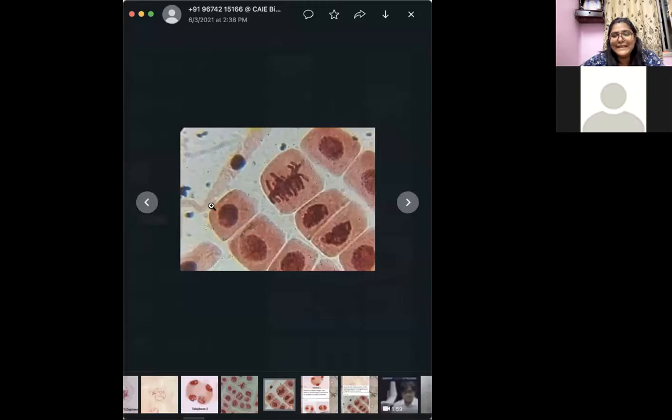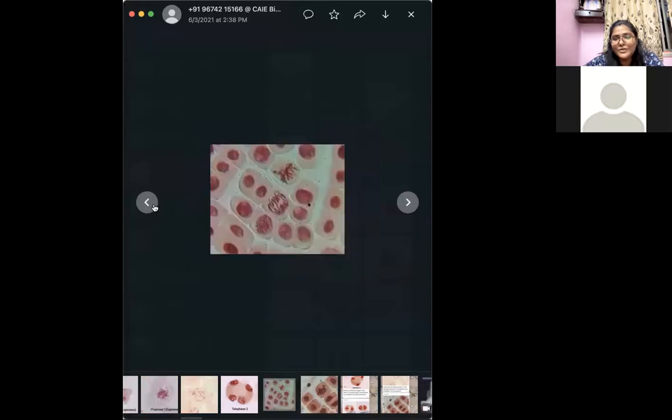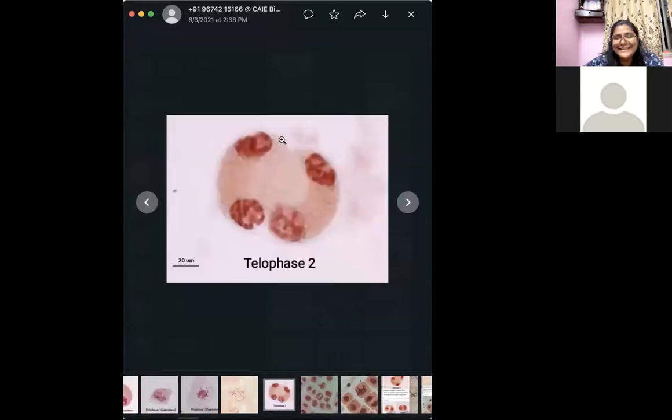So this is how your cell is going to look under your microscope. I'm just going to show you a few images. This is how your telophase is going to look. What is happening during telophase? If you look, there is an invagination of the membrane and all those materials are getting condensed over other sites.